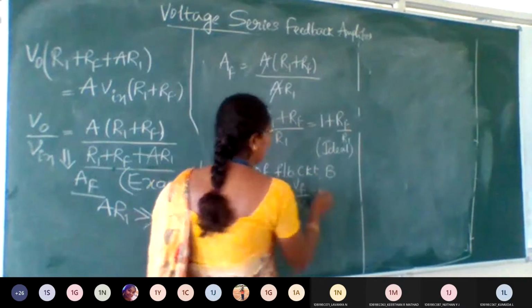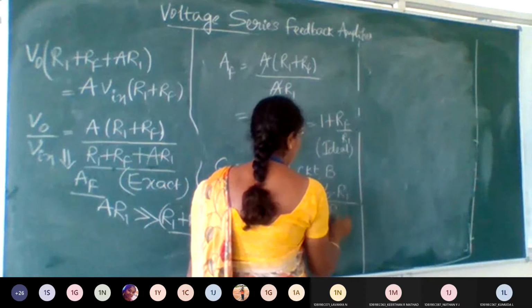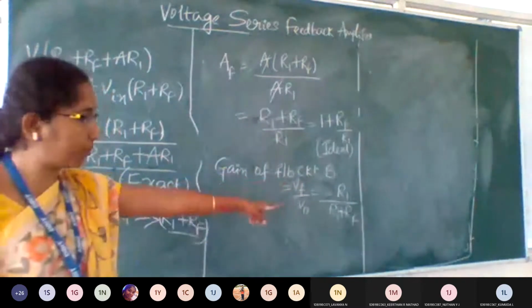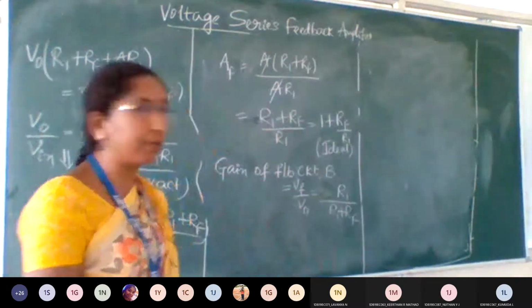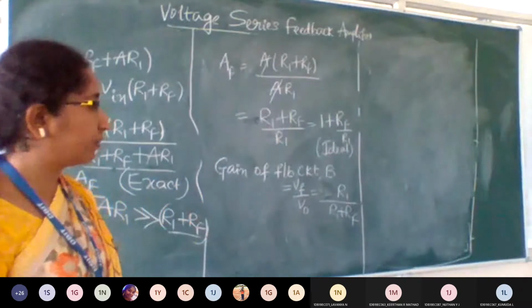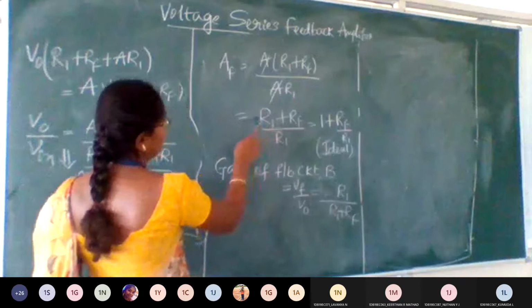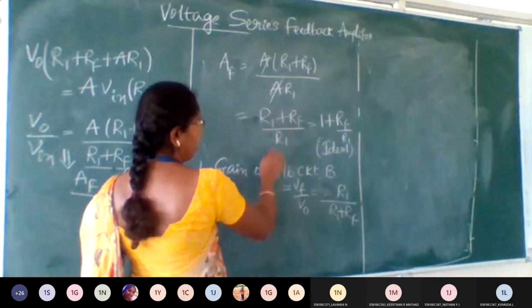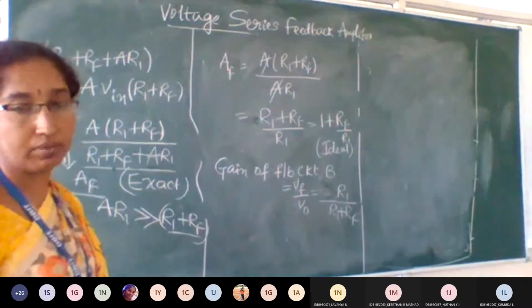And from voltage divider rule, Vf is V naught into R1 by R1 plus Rf. So Vf by V naught will be R1 by R1 plus Rf. So what is AF now? AF is R1 plus RF by R1, whereas B is the reverse. Do you agree?